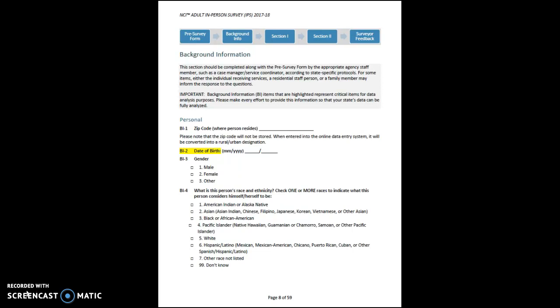So these questions highlighted in yellow are especially important to have collected from the most up-to-date and current records possible for the individual.